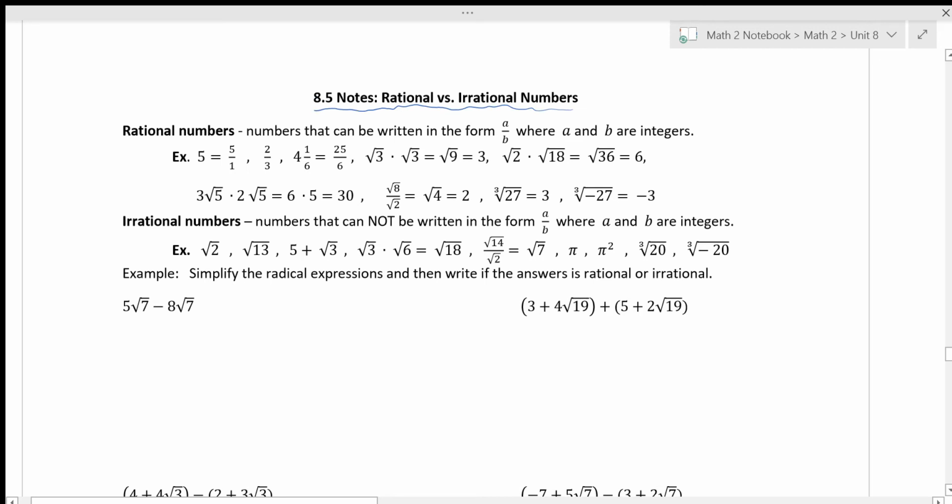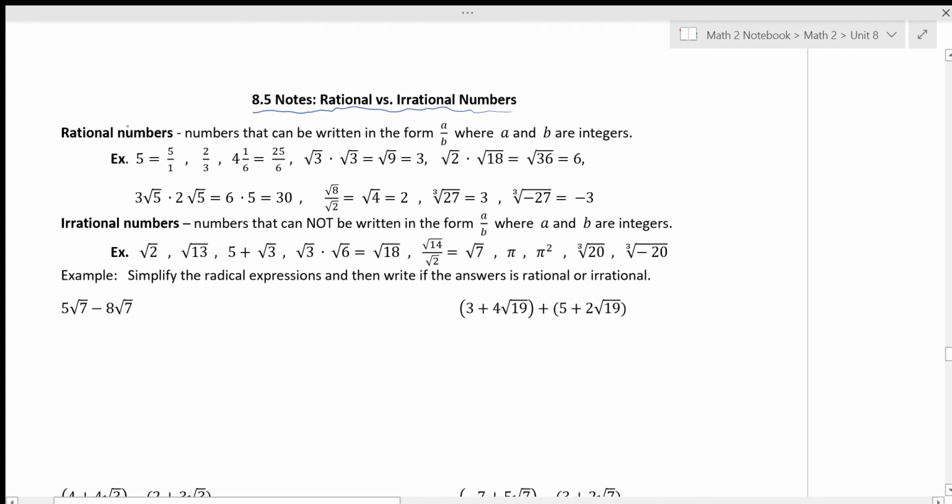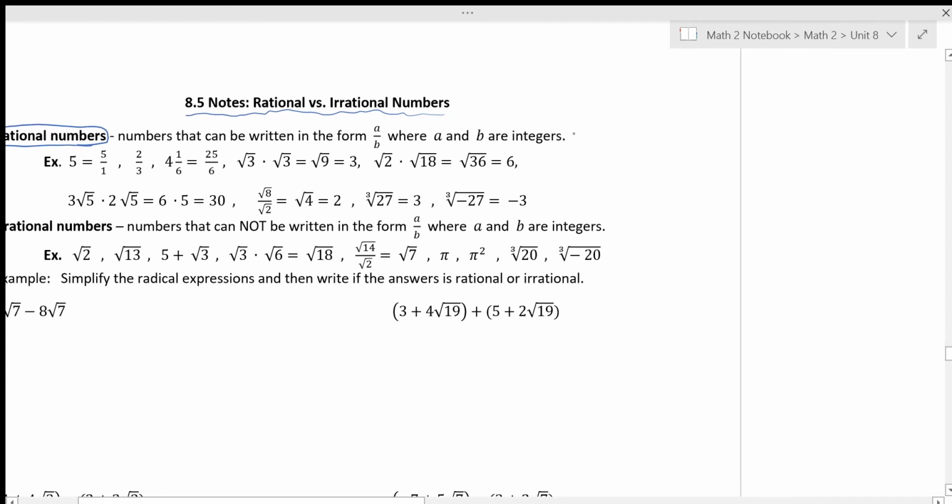So rational numbers are numbers that can be written in the form a over b, where a and b are integers. That's the formal definition of it. Informally, rational numbers are whole numbers, so they're integers.